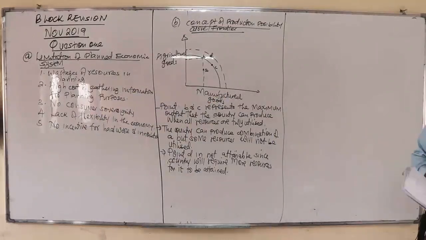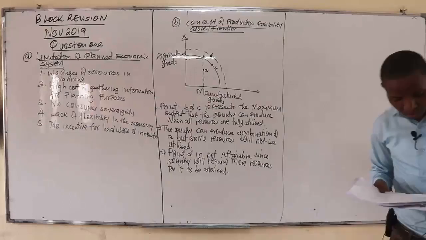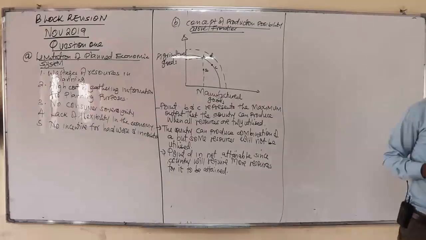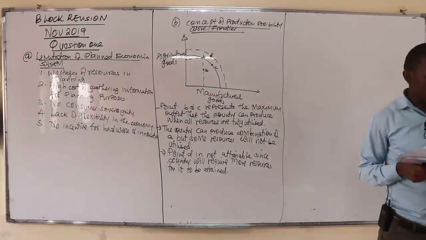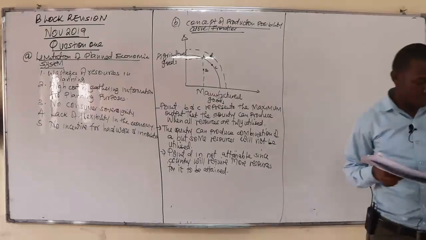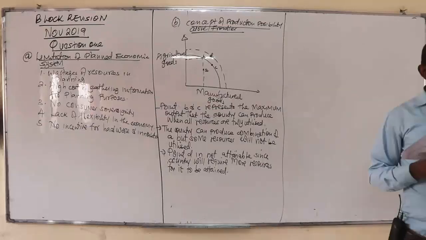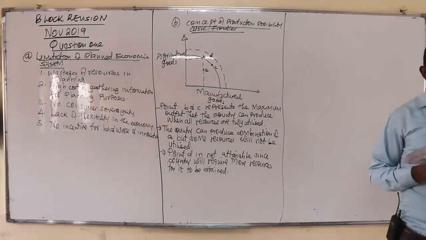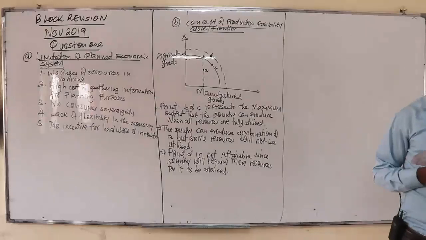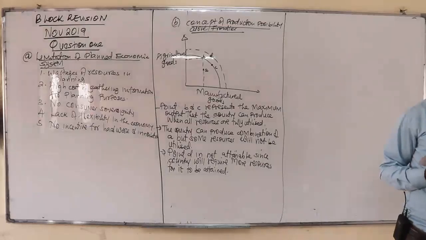Now we continue with the other one, question 1C. With the help of a diagram, illustrate the concept of surplus as applied in the theory of market equilibrium.